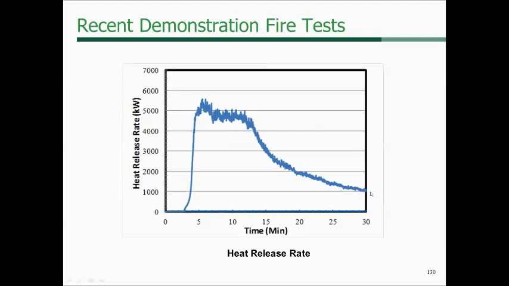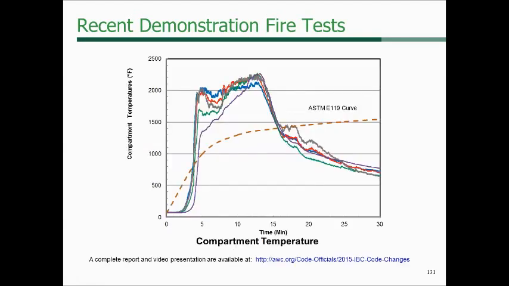But the other thing that's even more impressive is that if we did an official E119 curve, this would be the curve, this little dash line, that you would have to test the structure or the assembly to. So over time, it would have to be exposed to a certain amount of temperature.